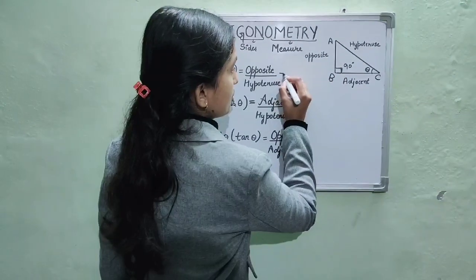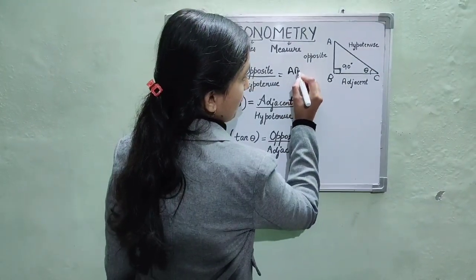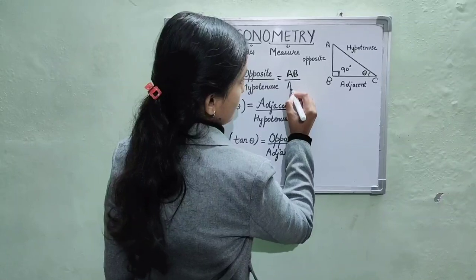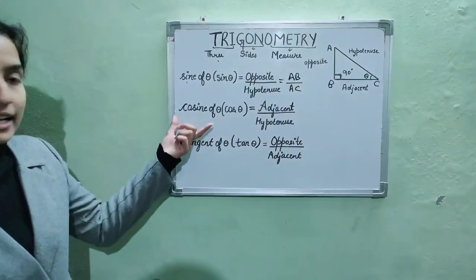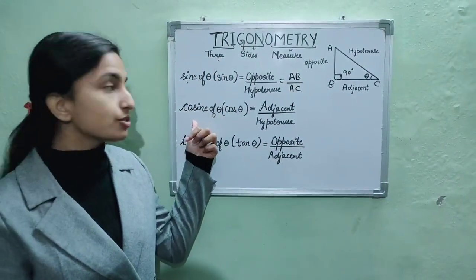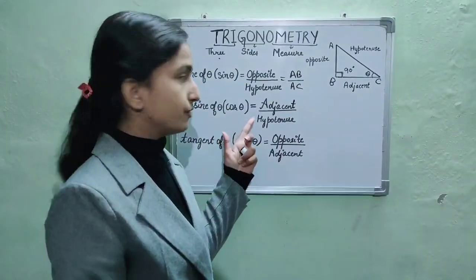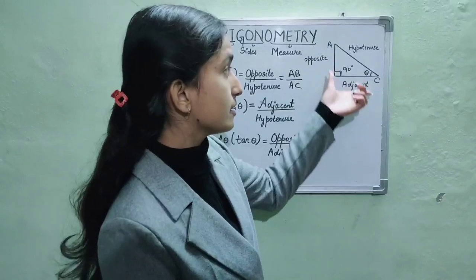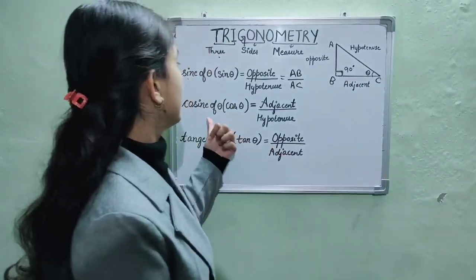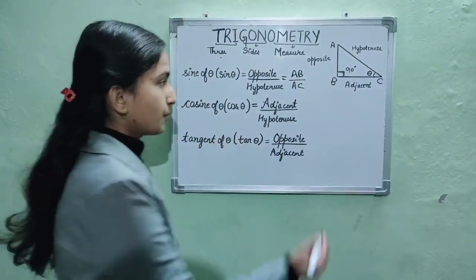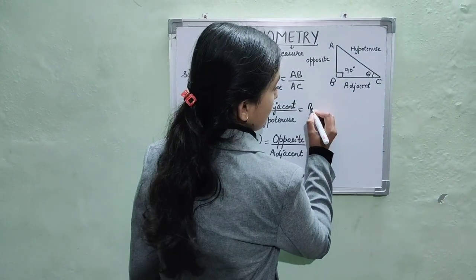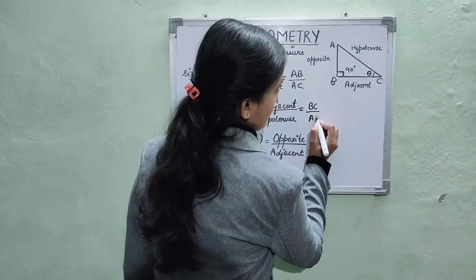In this case, it will be AB over AC. Then the second trigonometric ratio is cosine of angle theta, or simply cos theta. When we divide the adjacent by the hypotenuse, the ratio is cosine of theta, which in this case will be BC over AC, right?